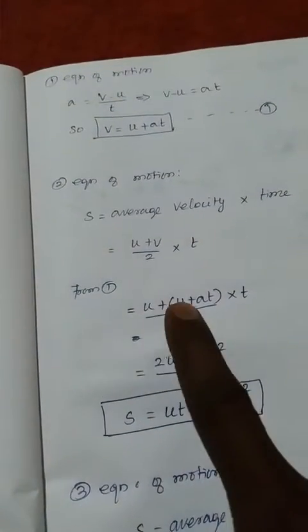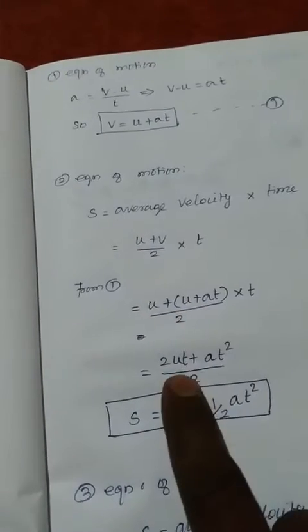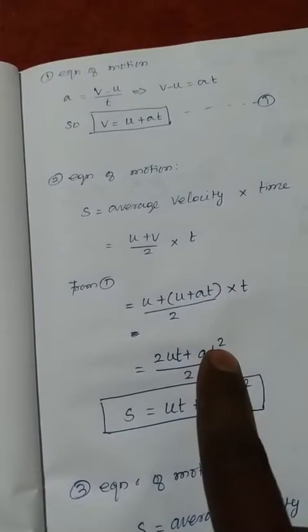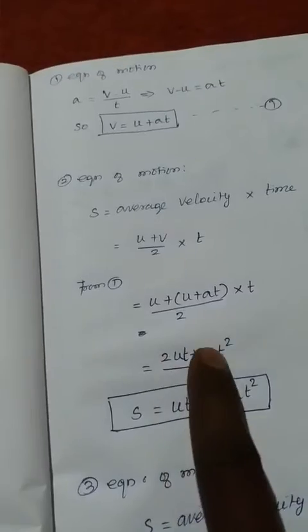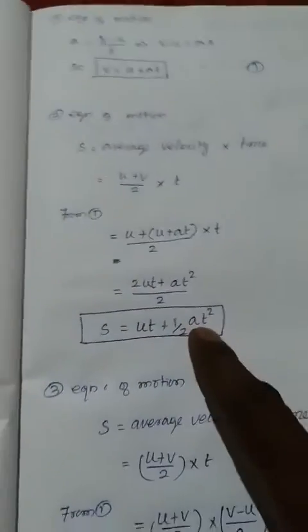So U plus U, I will get 2U, and the T has to multiply. So 2UT plus A into T squared, the whole by 2. Now I will cancel 2 and 1 by 2. So S is equal to UT plus half AT squared.